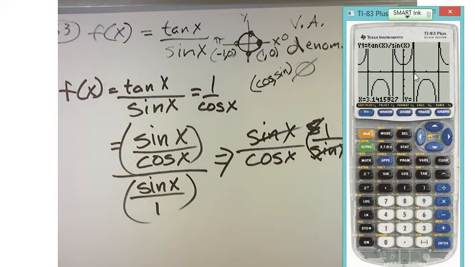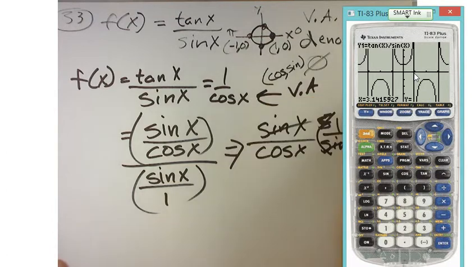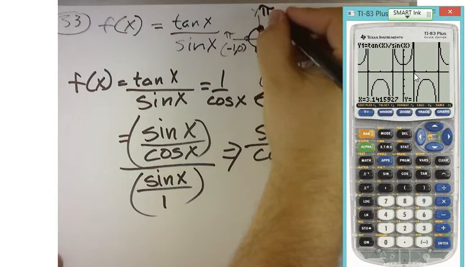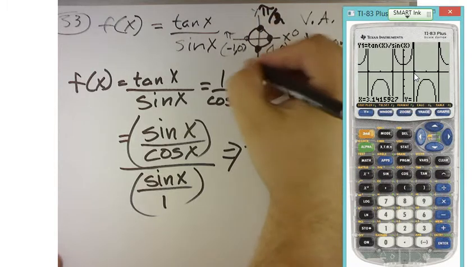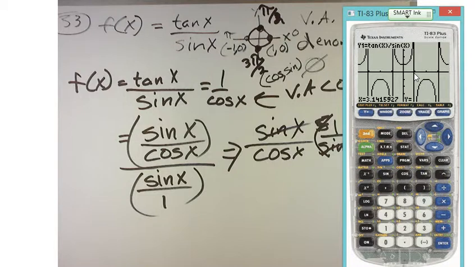So my vertical asymptotes really occur when cosine of x equals 0. Oh wait, well where does that occur? Right here and here, at pi over 2 and 3 pi over 2, right?